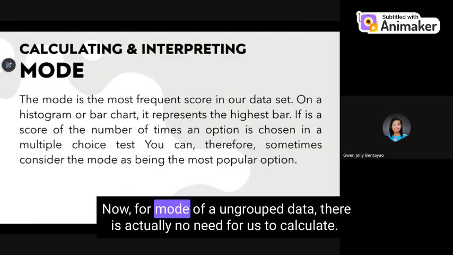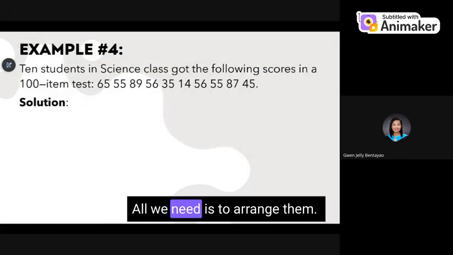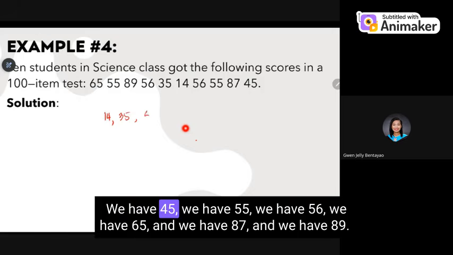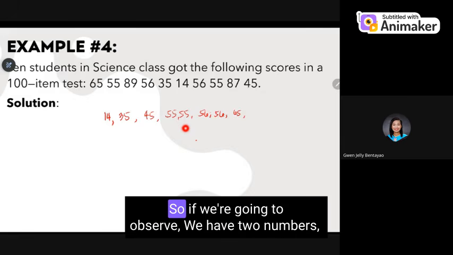Now, for the mode of ungrouped data, there is actually no need for us to calculate. All we need is to arrange them: 14, 35, we have 45, we have 55, we have 56, we have 65, and we have 87, and we have 89.